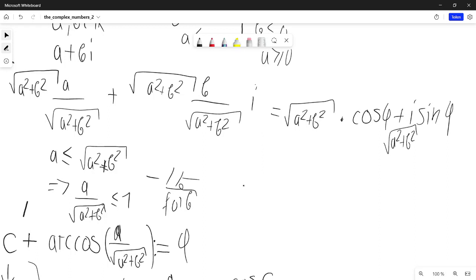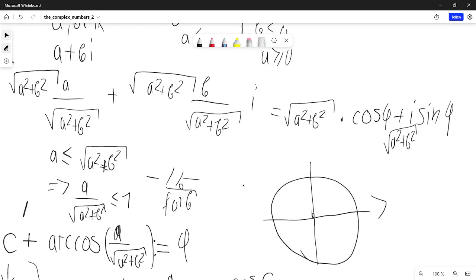and here, which means that this number, an arbitrary complex number, is indeed on that circle with that radius. And with a projection, the unit circle.